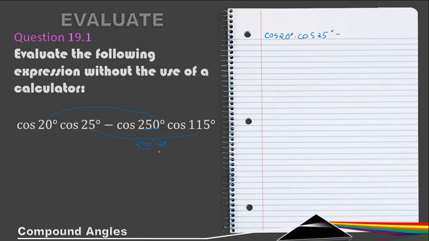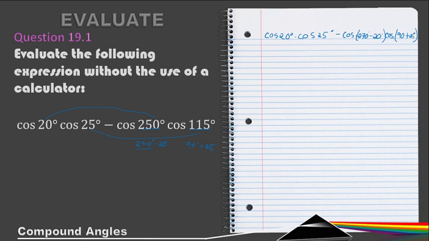If you don't understand that, just go and recap the reduction formula. And then here, for the 115, I can see the relationship between 25 and 115 degrees: I know that 115 is 90 plus 25. So in this case, I'm going to change the 115 into 90 plus 25 degrees.